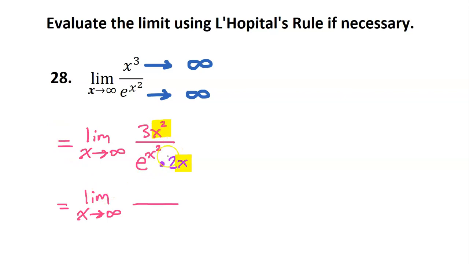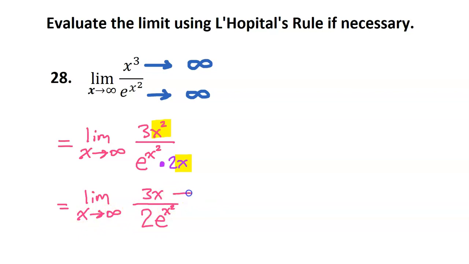Let's simplify this a little bit before we move on. The x in the denominator will cancel out one of the x's in the numerator, leaving behind 3x. I'm just going to put this 2 in the front, so we have 2e to the x squared. Let us once again consider what is happening to the numerator and the denominator as x approaches infinity.